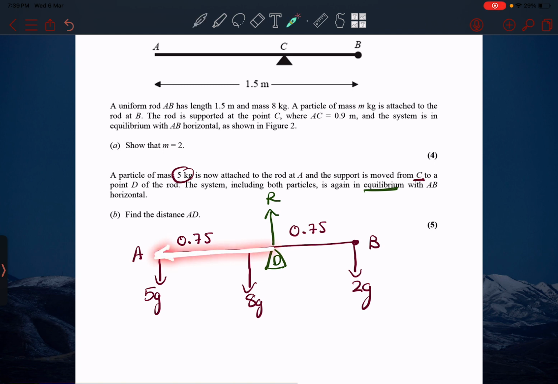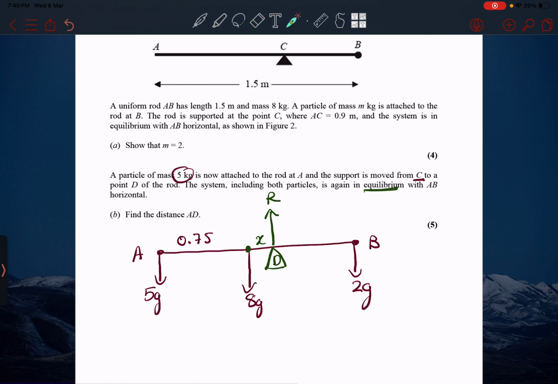You can either call that entire distance x, or what we can do is call this distance x: from the center of the rod to the point D, you can call that x.